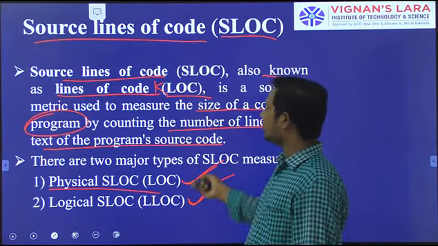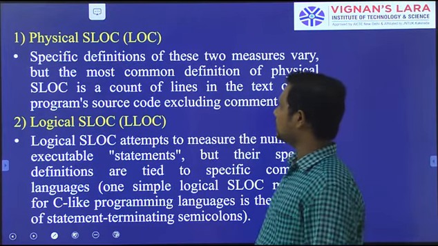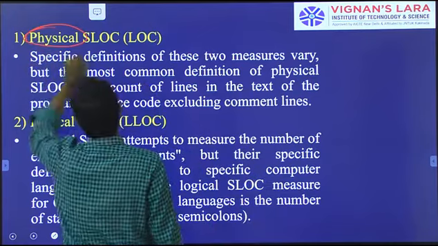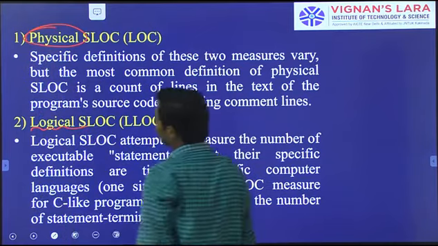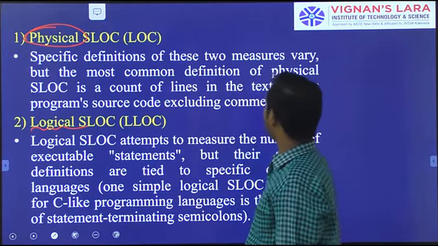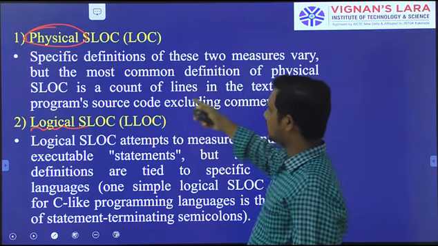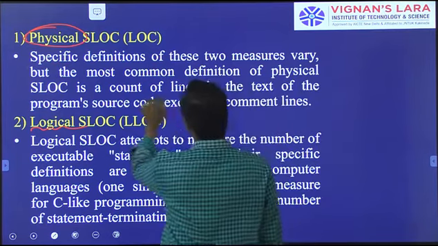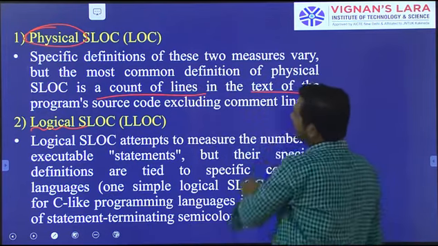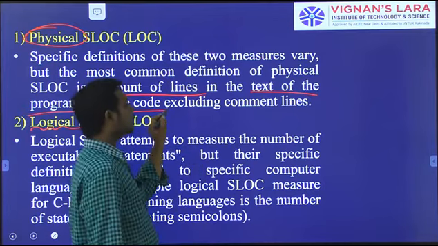So we will see that one by one. SLOC, physical SLOC and logical SLOC. Some specific definitions of the two measures vary, but the most common definition of physical SLOC is the count of lines in the text of the program source code, including executing command lines.